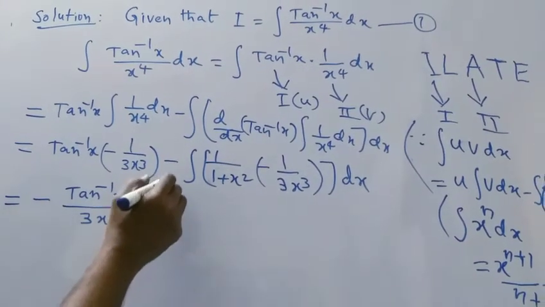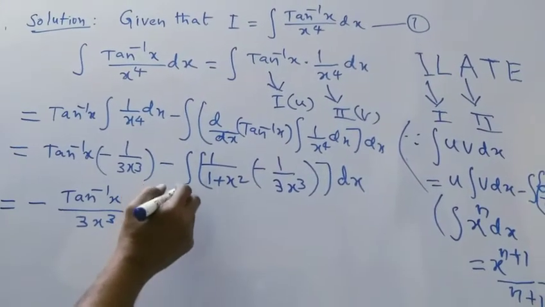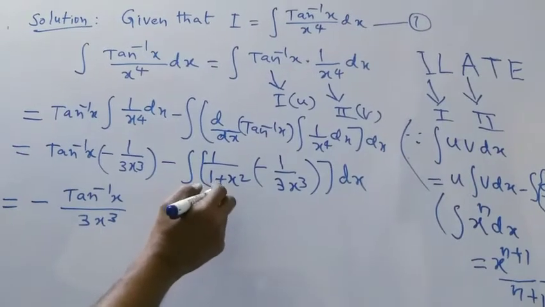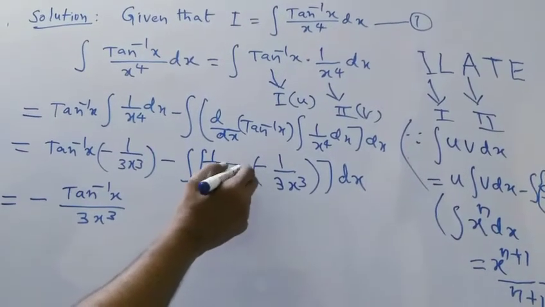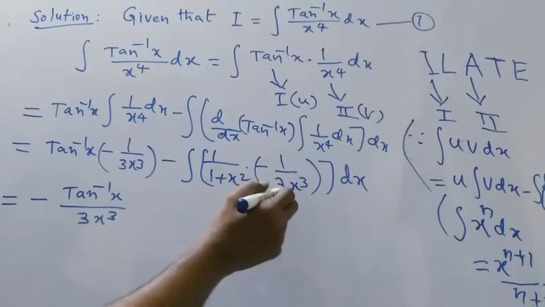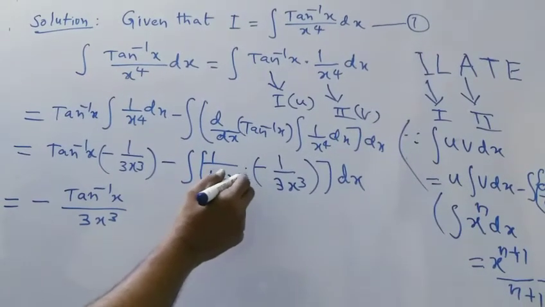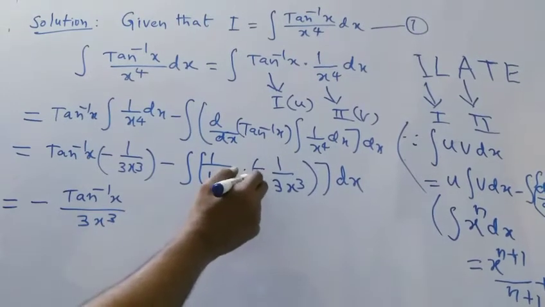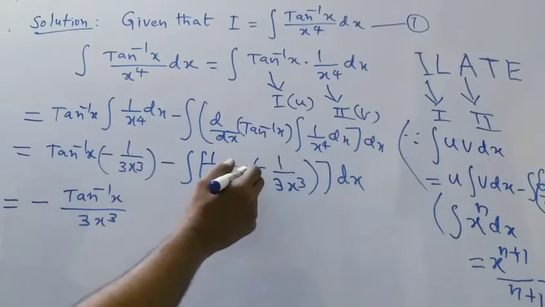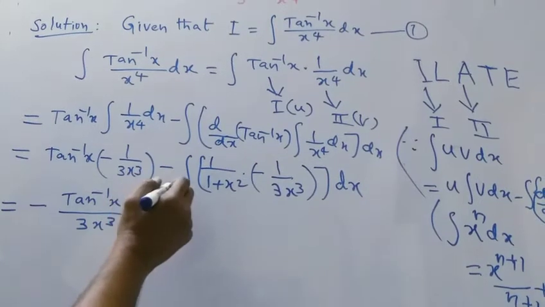and here the integral of 1 by 1 plus x square into minus 1 by 3x cube. Inside there is a minus, so this minus becomes plus.